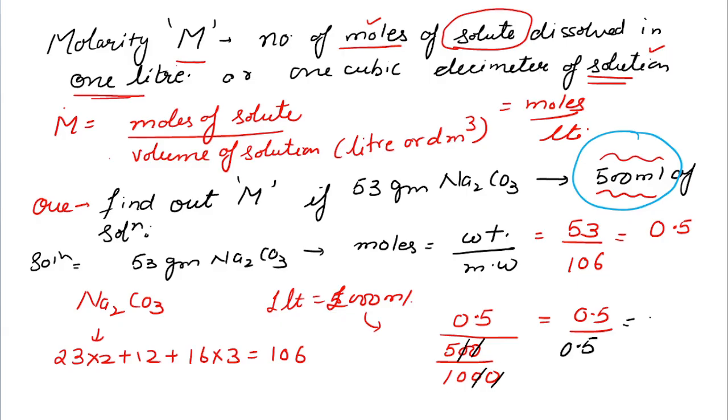Now 0.5 upon 0.5, this is a 1 molar solution. This is the method by which we can find out the molarity.